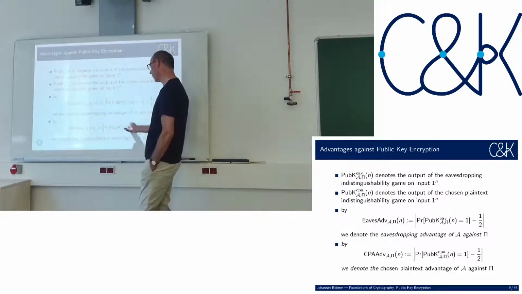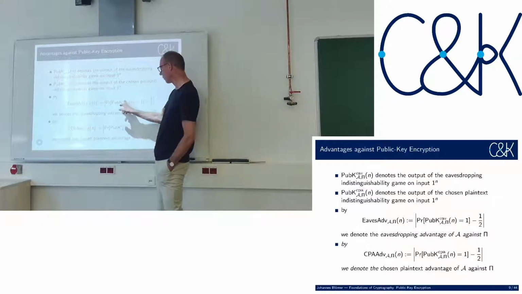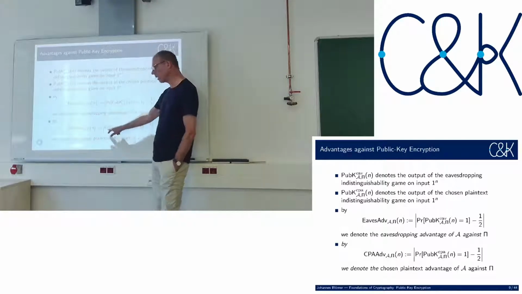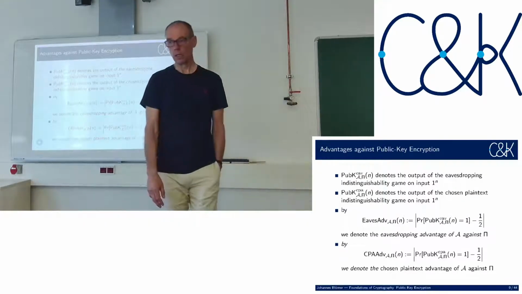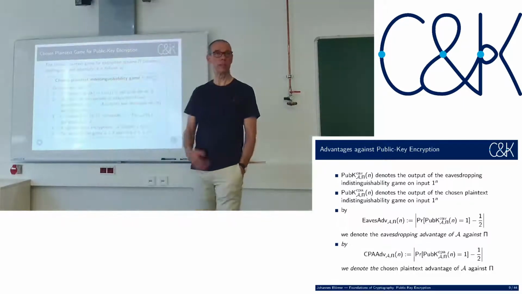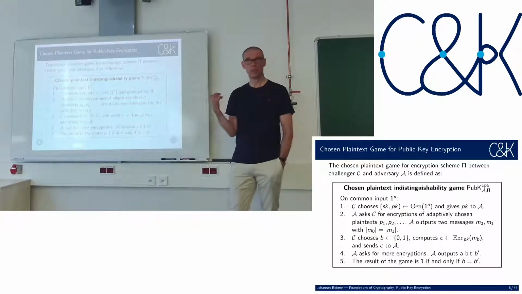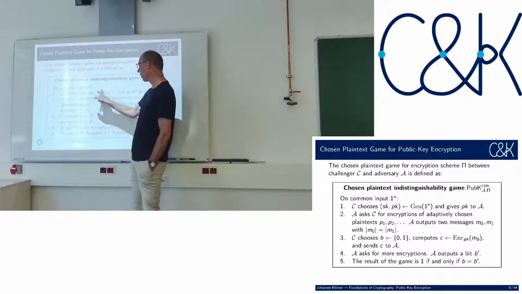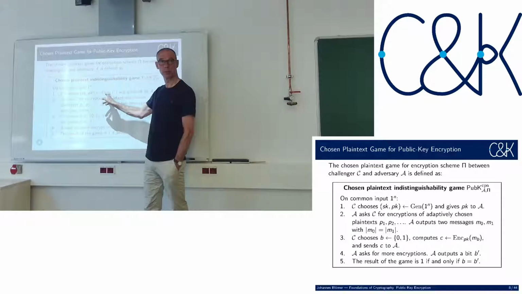And for the CPA advantage, instead of the eavesdropping game, we look at the CPA game, where these probabilities are over the random choices made in this game. Now, what are the random choices made in this game? We have random choices here, because this is a probabilistic algorithm.